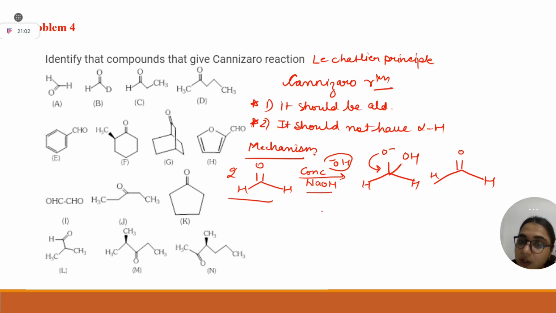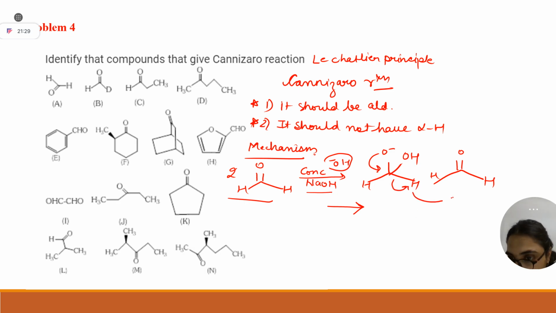So obviously the reaction will go in the forward direction in order to decrease the concentration of this, as per Le Chatelier's principle. So obviously this O negative will not come back and eliminate OH negative, because it will get back to its starting material.